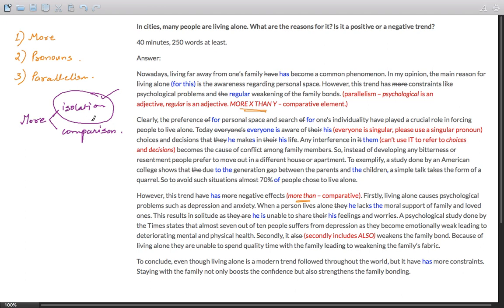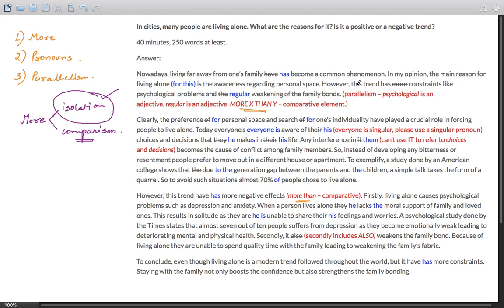Sugar is in isolation. You want more sugar. It means you want an additional quantity of sugar. It's a number. On the other hand, more can be used in comparison when you are comparing things. It's not about quantity, but it's about the relative thing. So, for example, this has more advantages than disadvantages. The student's sense here is that of comparison, but she has used it in isolation.